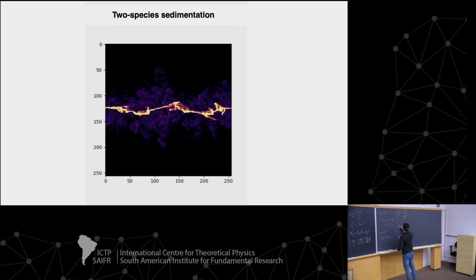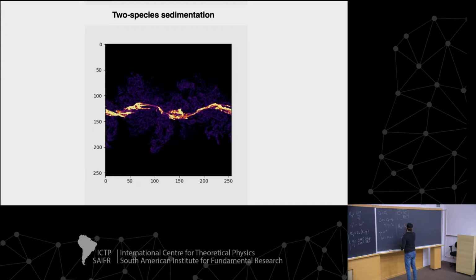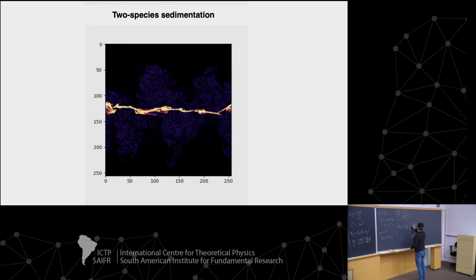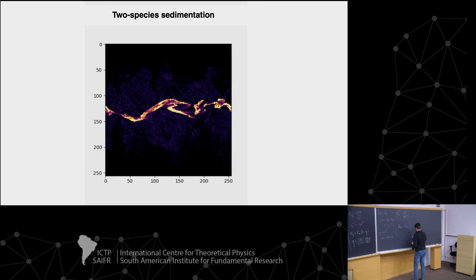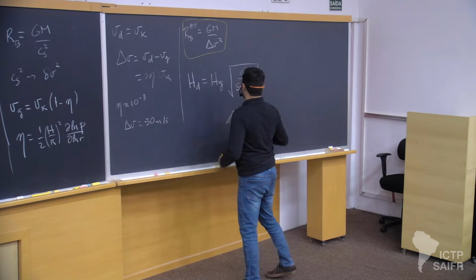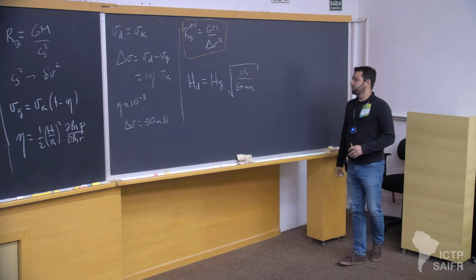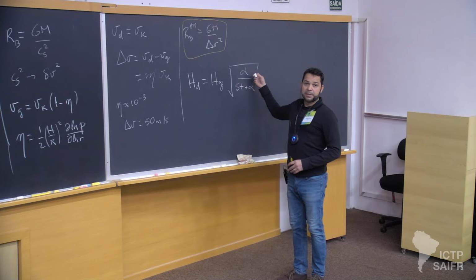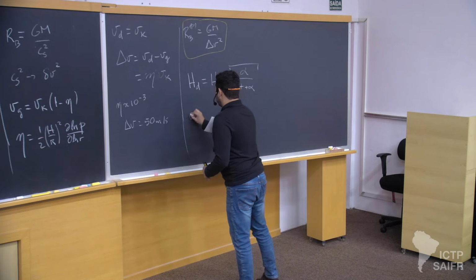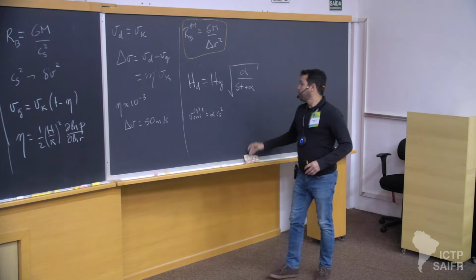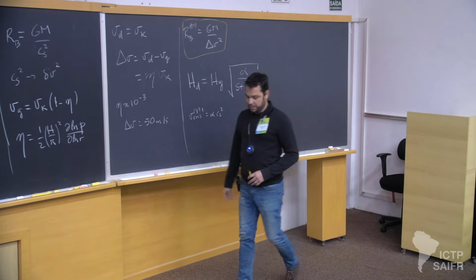In general, the scale height of the dust is going to be given by the scale height of the gas, multiplied by this quantity here. Alpha is quantifying the diffusion, so the RMS of the gas squared is alpha times the sound speed, and ST here is the Stokes number.